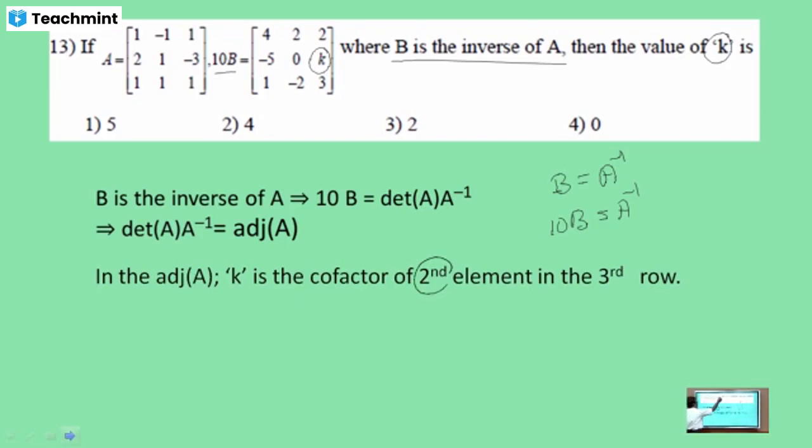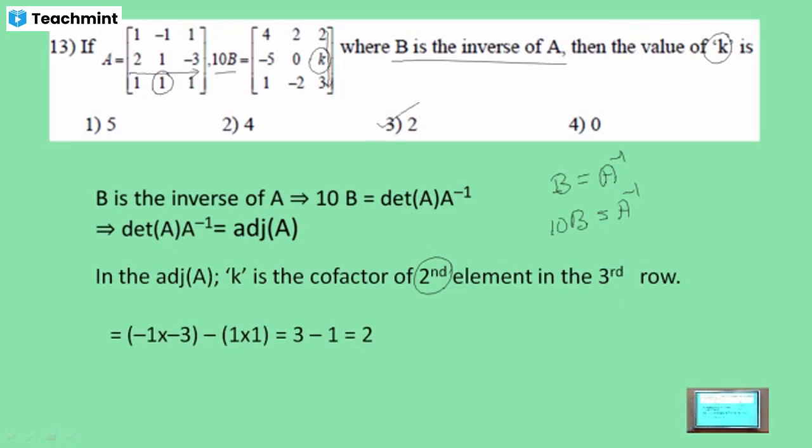The element that comes here should be obtained by writing the cofactors of the row and then the transpose. Which one is it? It will be the middle element. So when I calculate that one, it is minus 1 into minus 3 minus 1 into 1 equal to 3 minus 1 equal to 2 is the value.